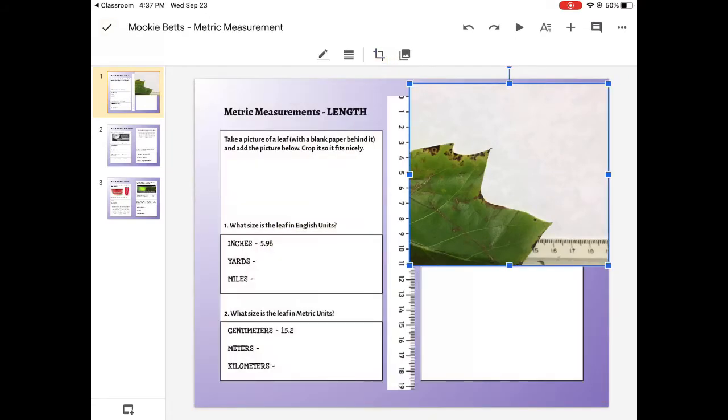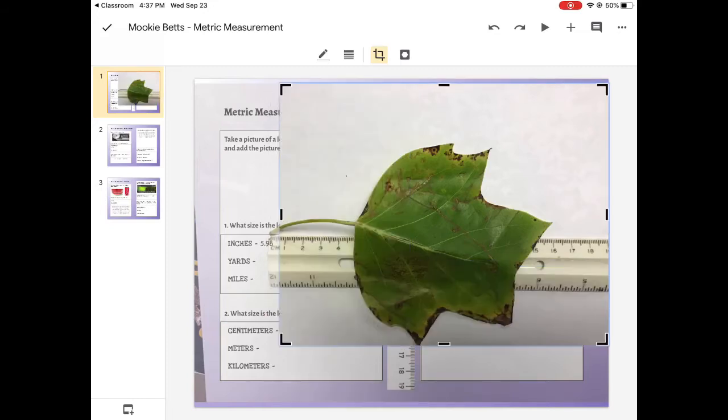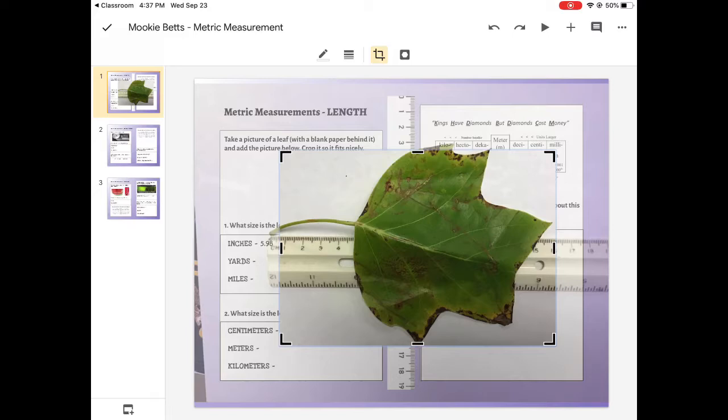Oh, I made a mistake. I cropped out part of the leaf, but don't worry, it's still there. If you double tap it, the whole photo is actually there, even though you crop out parts of it. And so I'm going to crop this a little better and get that back edge again. All right, that looks good.